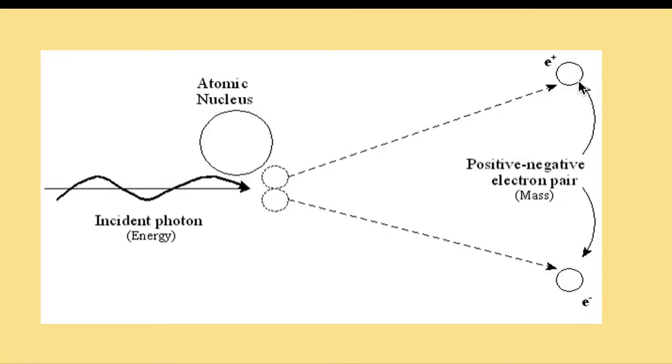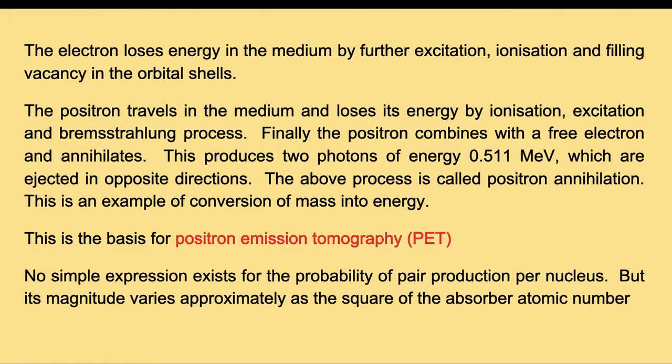This is the electron and this is the positron, and this is the positive-negative electron pair. The electron loses energy in the medium by excitation, ionization, and filling vacancies in the orbital shells. So that electron can again make collisions, etc., or they can excite.